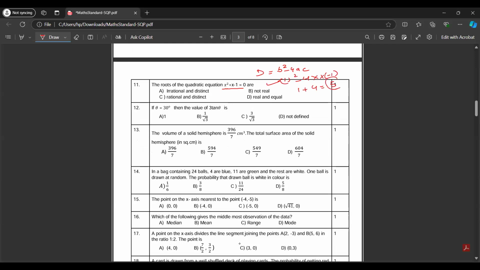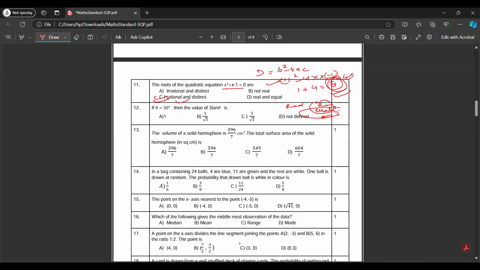Sorry, ma'am. I think the roots will be rational and distinct. Yes, the roots will be rational and distinct. Rational means they will be real, because the real numbers contain rational as well as irrational, right, beta? So both rational and irrational numbers are contained, because the discriminant is 5.